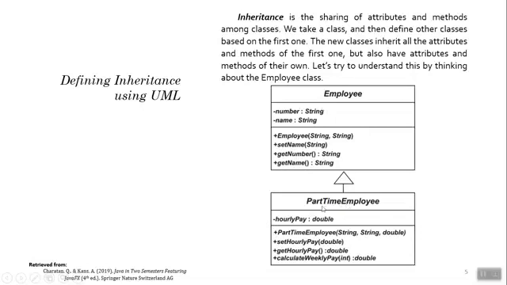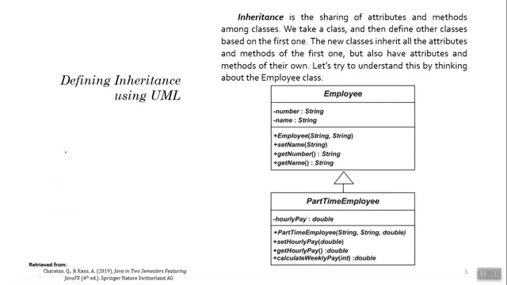So for example, you have created a part-time employee instance of this class. We could still use set name or get number from the employee. Meaning, using the object of part-time employee, we could call get number or set name from this class.